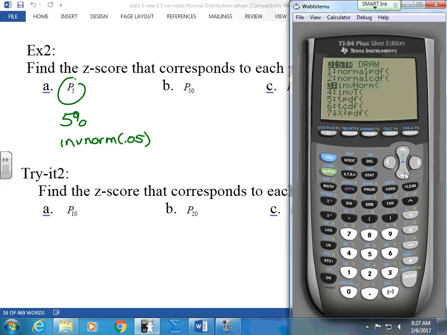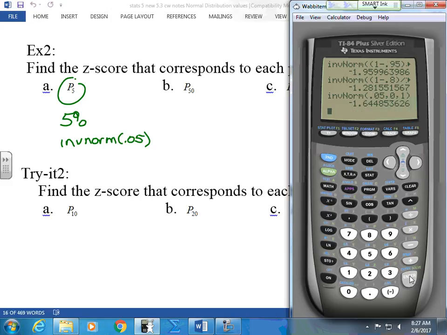Decimal to percent, move it to the right. So I want to tell it, I want 5% to my left. Keep your 0 and 1. My z-score is negative 1.64. Shouldn't I be negative, right? According to my chart, shouldn't I be negative? I wanted the area to the left.